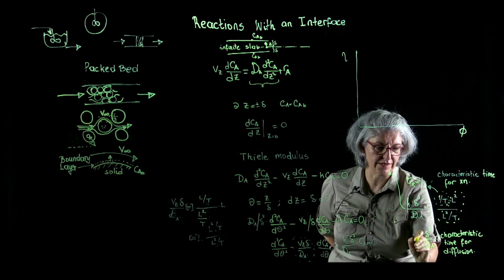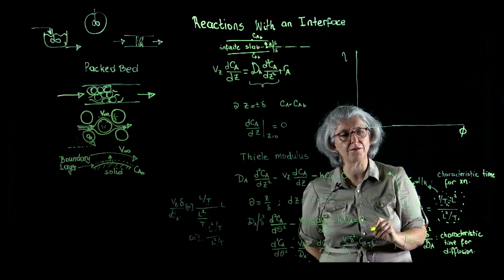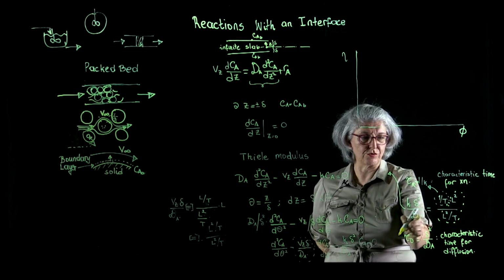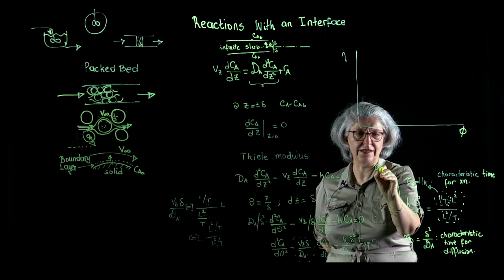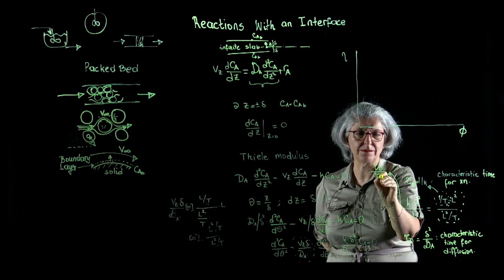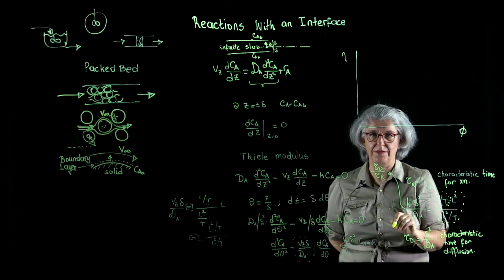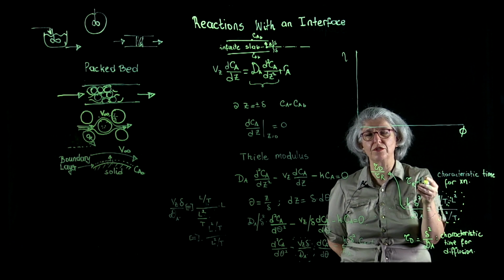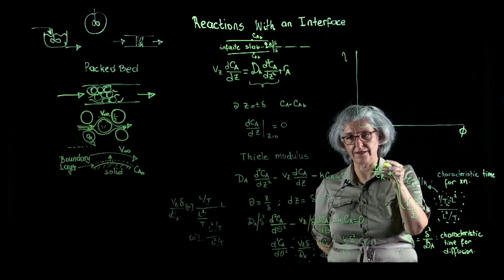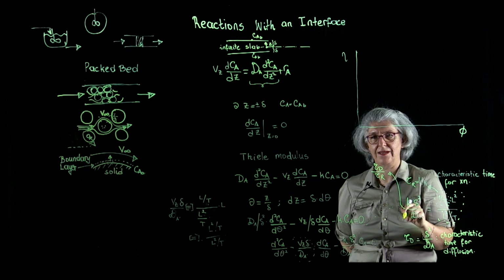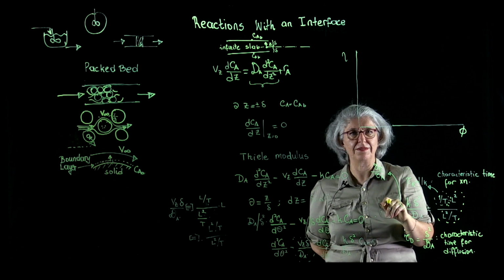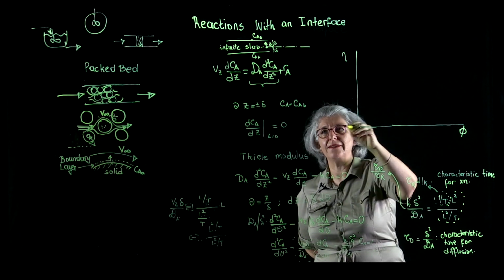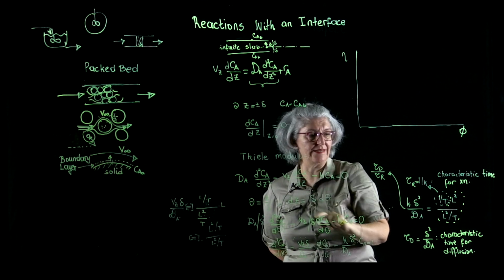Let me call this as tau sub D, characteristic time for diffusion. And this group is tau sub D over tau sub R. All right? How fast my molecule is diffusing? How fast the molecule is reacting.